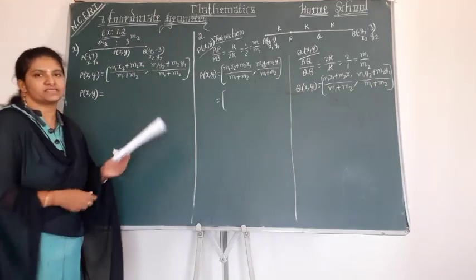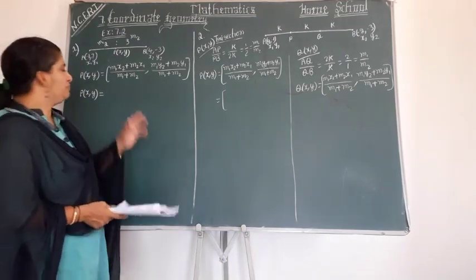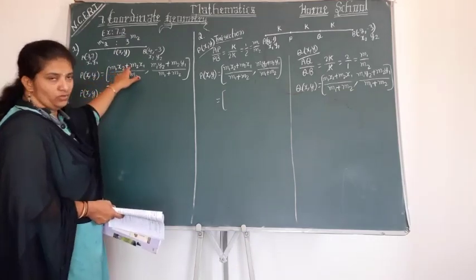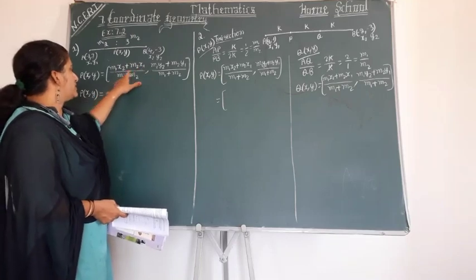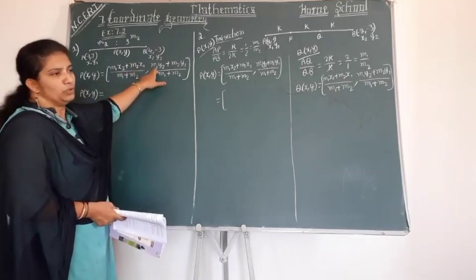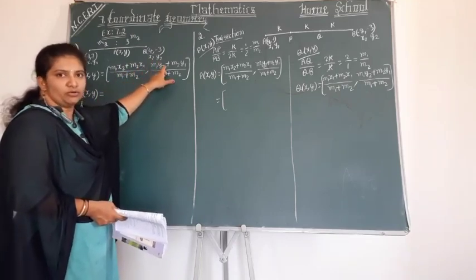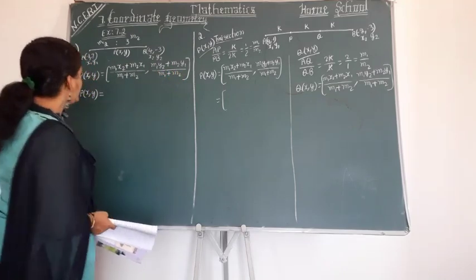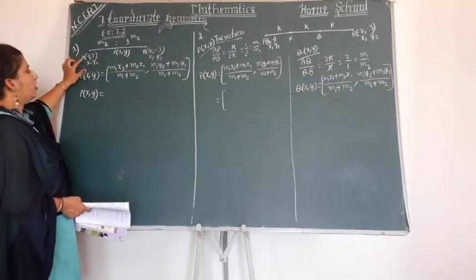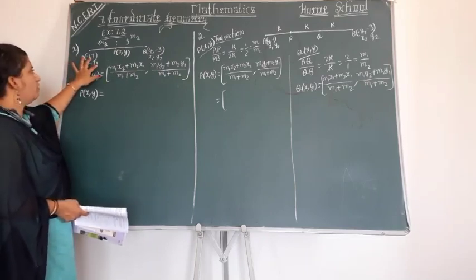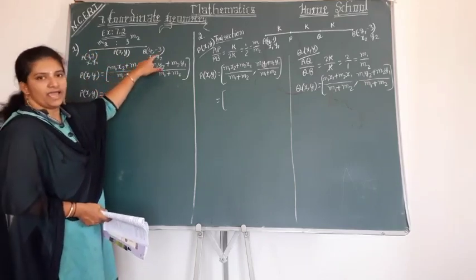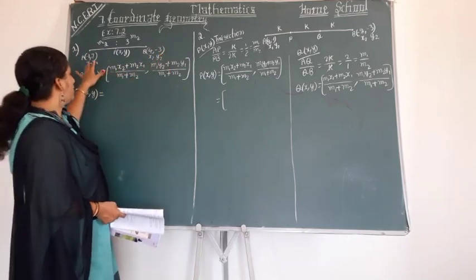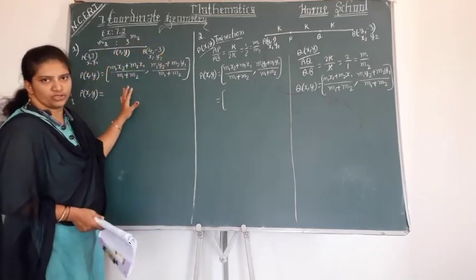P of x comma y is equal to M1 x2 plus M2 x1 by M1 plus M2, comma M1 y2 plus M2 y1 by M1 plus M2. Look here, children. A coordinate I have written as x1, y1, and B coordinate x2, y2. These are all enough to substitute in the formula.